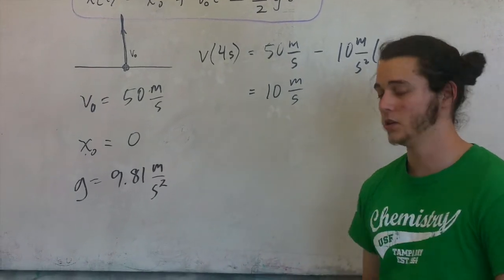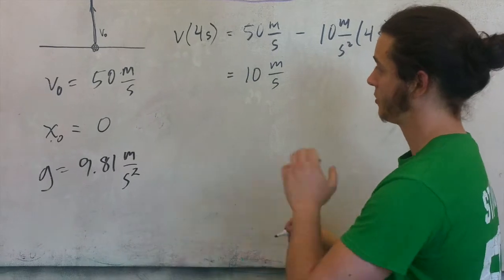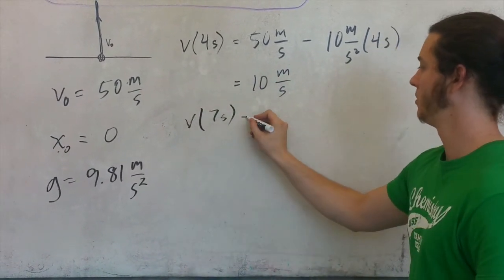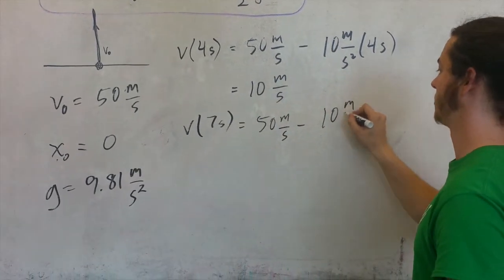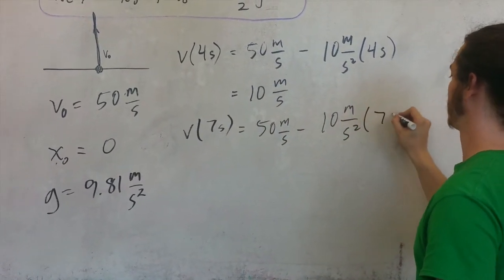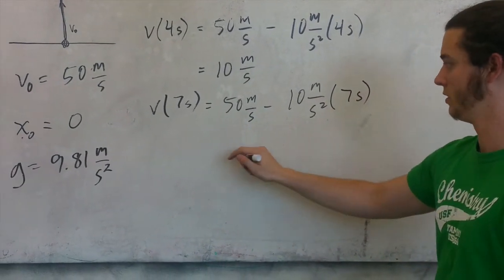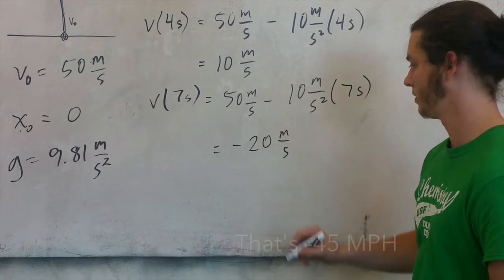Consider if we waited for 7 seconds to look at the velocity. So after you launch it, how fast is it moving at 7 seconds? Well, that would be 50 meters per second minus acceleration due to gravity times 7 seconds. So here we have 50 minus 70, which is minus 20 meters per second.